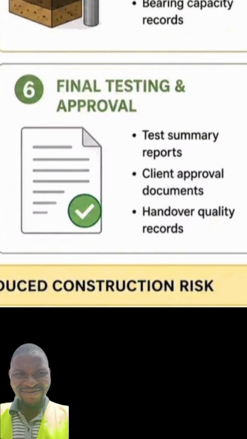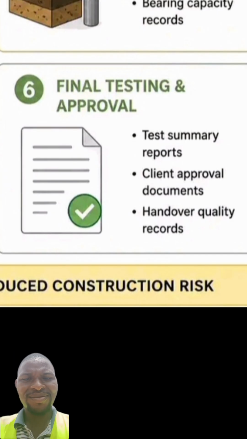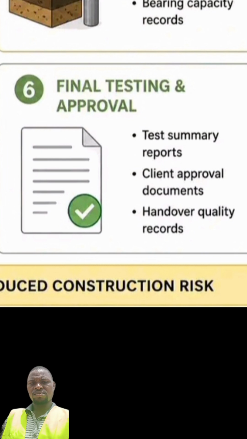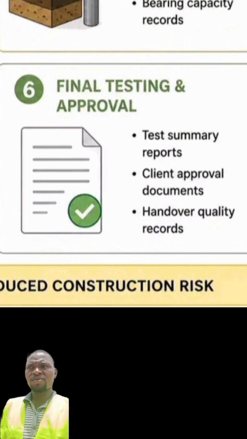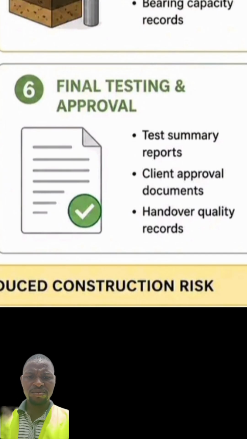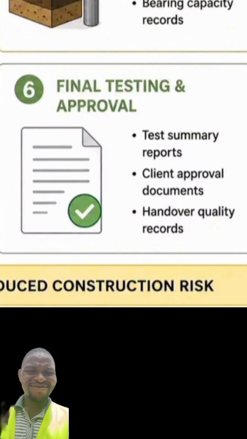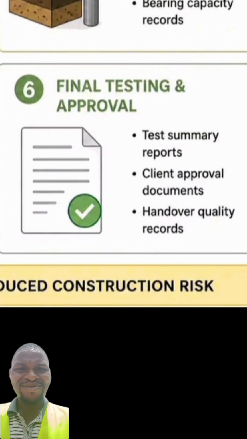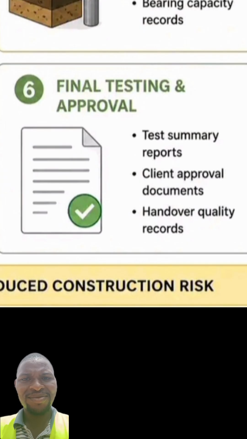Yeah, so what we have here is final testing and approval. The first thing we have here is the test summary report. Maybe after all your testing and everything, you write out your reports. You understand? The report on the machineries, the report on the equipment. Just write all the reports on all these points that we've made earlier.